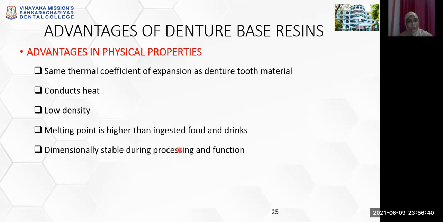It was able to conduct heat, and the density was very low, which means it was weightless for the patients. Its melting point was significantly higher than ingested foods and drinks, so dimensional changes were not going to take place.